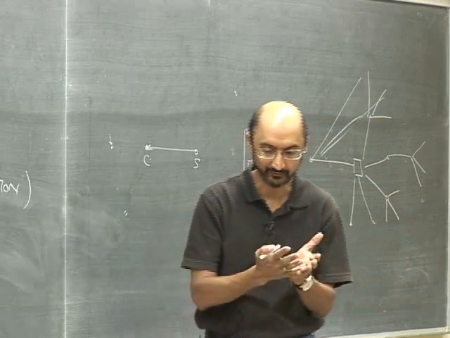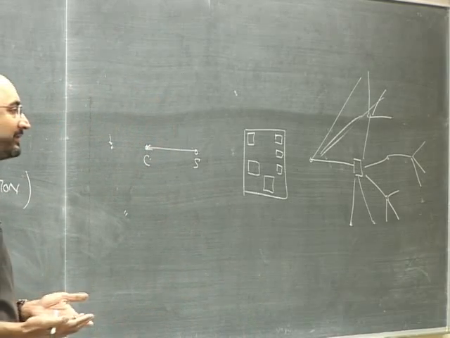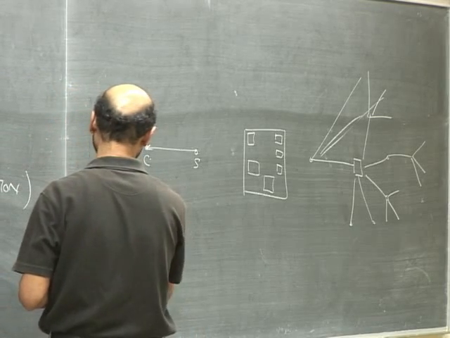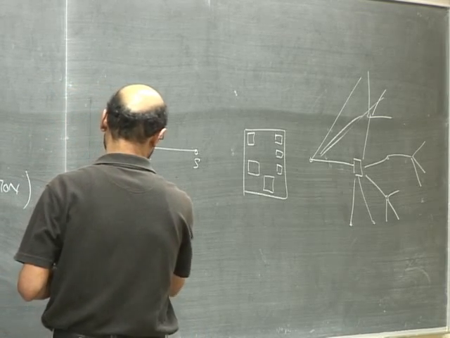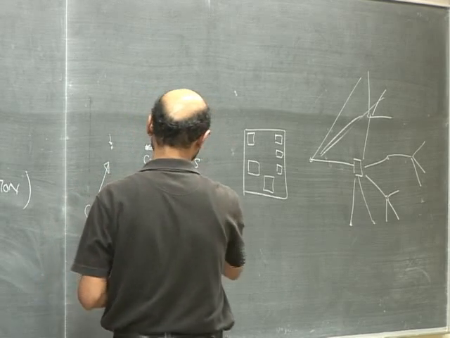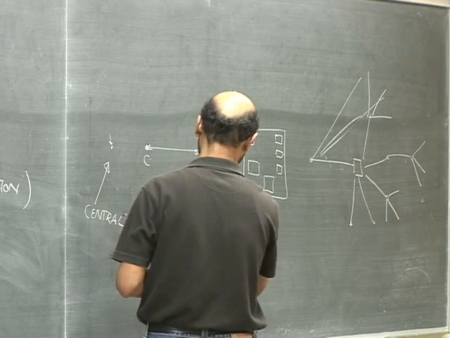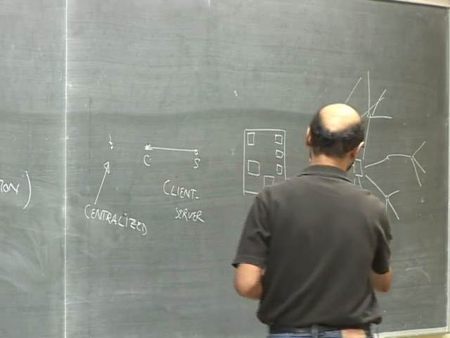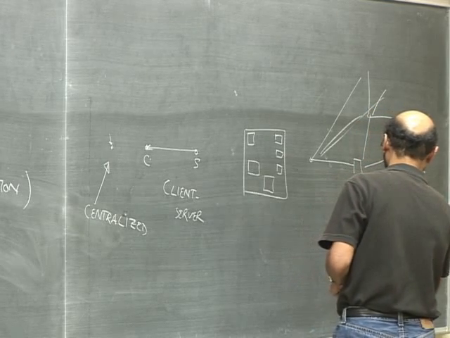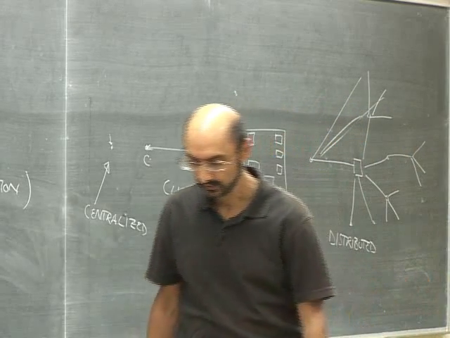So essentially, we have a point to multi-point set of communication, and that's what makes something into a distributed system, as opposed to this. This is a centralized system. This is a client server. And this I would call a distributed system. Okay, so that's basically the difference.